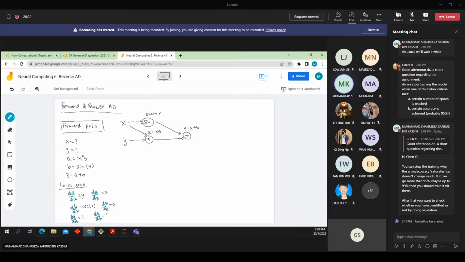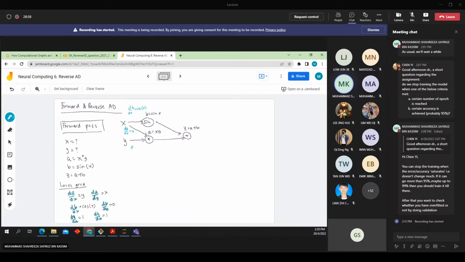So what do we have here? We have the partial derivative of b with respect to x, which is cosine of x. And I have the partial derivative of a with respect to x, which is y.